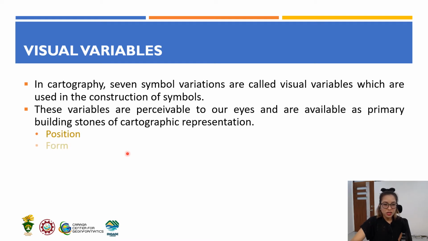And so here are the following na mga variables. So we have the position, the form, orientation, color, the value, the texture, the size. Isa-isa na to siya. Okay, let's discuss it one by one.